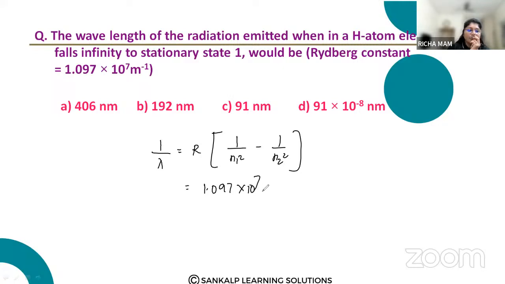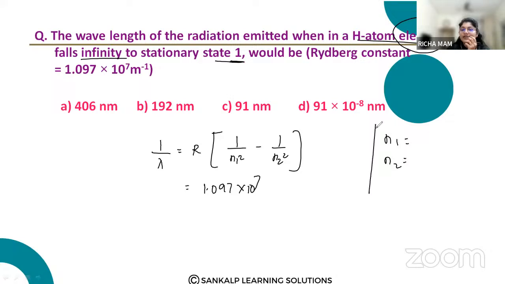Right. Now, let us put what they have asked. The wavelength of the radiation emitted when in a hydrogen atom electron falls from infinity to stationary state 1. So, what is our N1? What is our N2? Can anybody tell me? They have said the hydrogen electron is falling from infinity to stationary state 1.